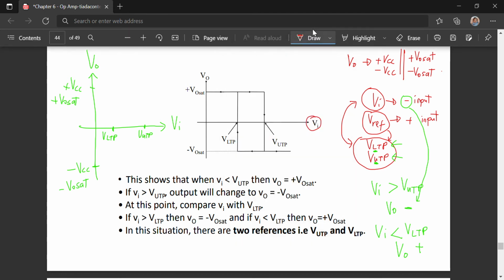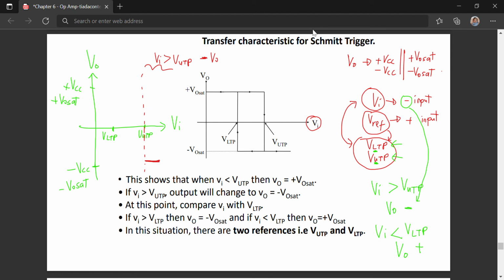Okay, firstly, if VIN is greater than VUTP, you will get a negative value. So here, VUTP, if VIN is greater than VUTP, which is on this side, you will get negative VOUT. So you will get a negative value over here at the graph.